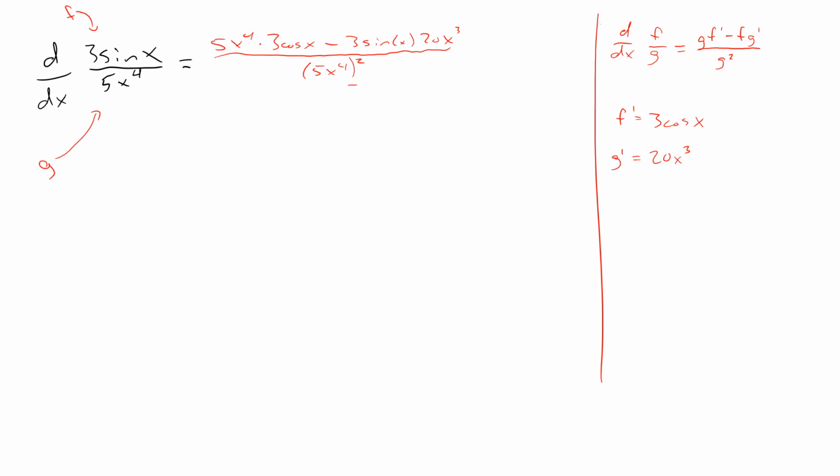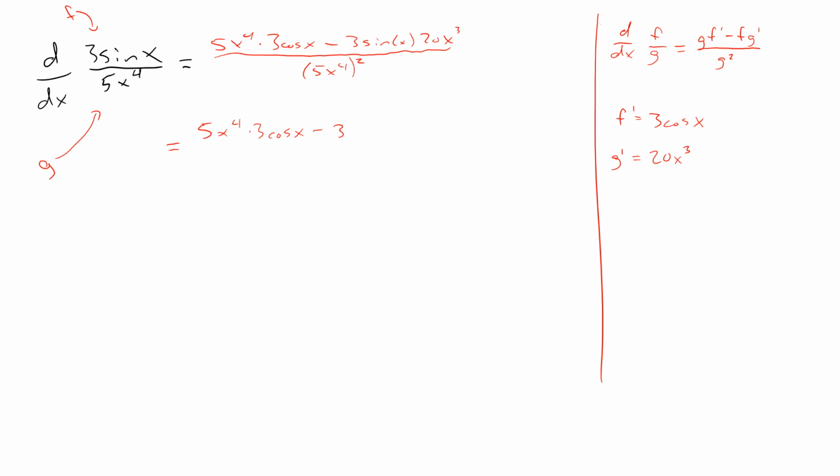Alright, so this does require a little bit of simplification. Just leaving the top alone for now, maybe one thing I'll do right now is move this 20x cubed to the front of this second term.